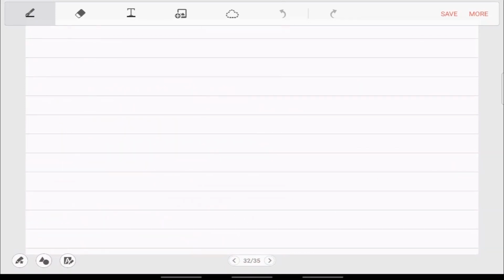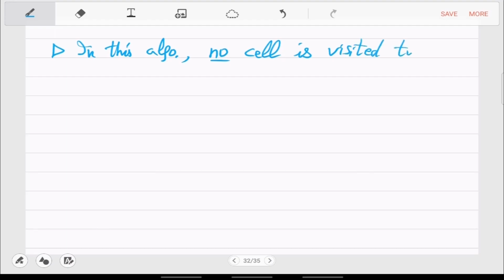So one property that can be shown here is that no cell is visited twice. This is the first thing you can prove, that it doesn't get into a loop, which means that the while loop will break. Right, so why is this? It's not an infinite while loop.